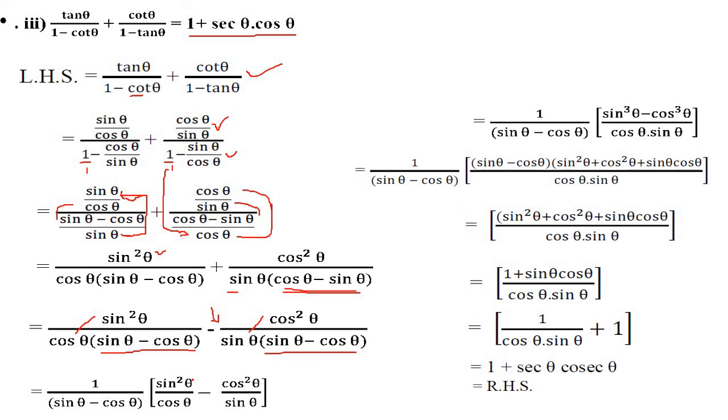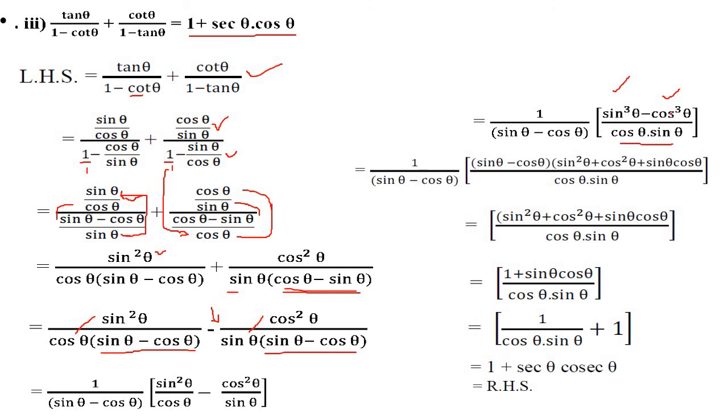Now LCM of cos theta and sin theta is cos theta sin theta. So sin theta into sin square theta is sin cube theta, then cos theta into cos square theta is cos cube theta, divided by sin theta into cos theta as it is.